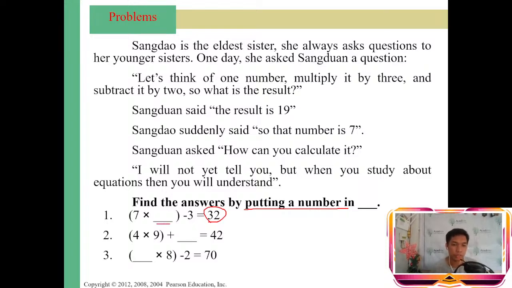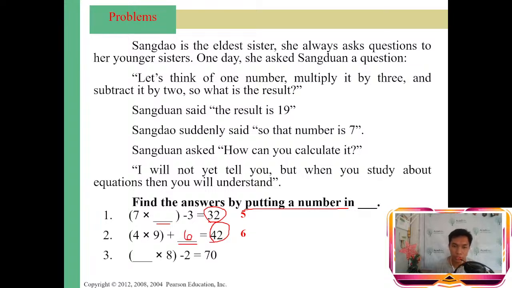So we have 7 times 5, 35. 35 minus 3 equals 32. And 4 times 9, what number can we put here to make it 42? We have 6. 4 times 9 is 36, plus 6 equals 42. So this one is 6.